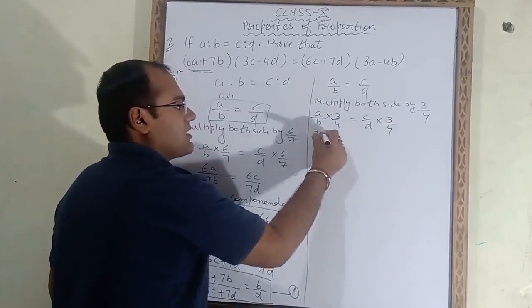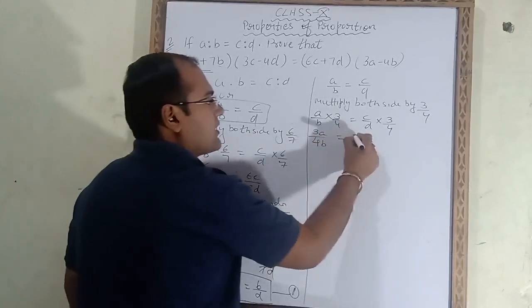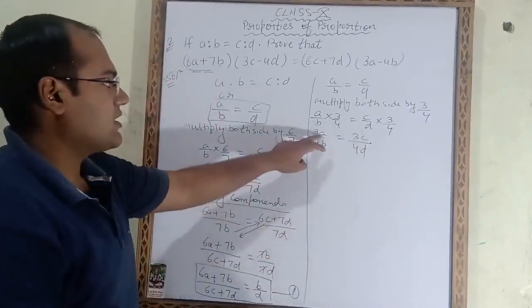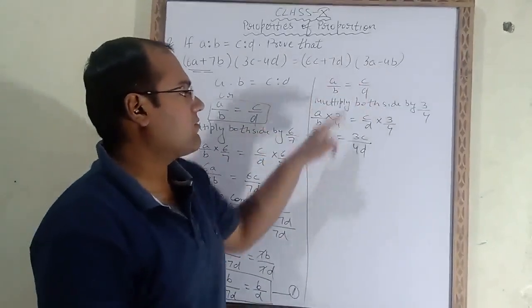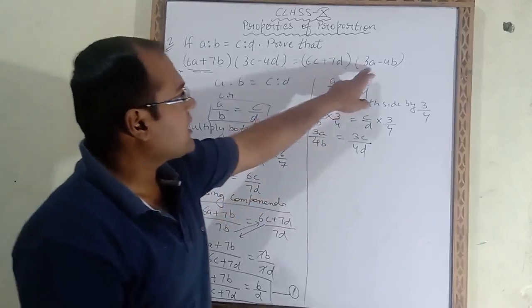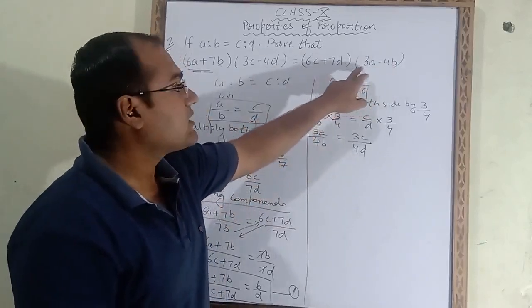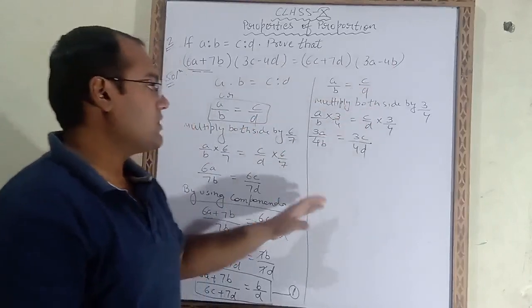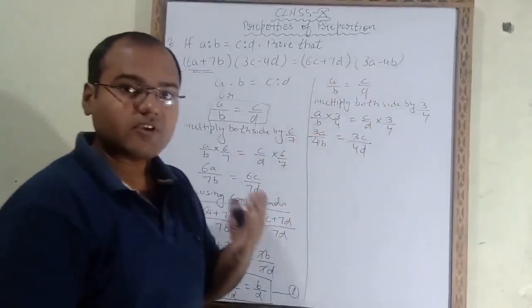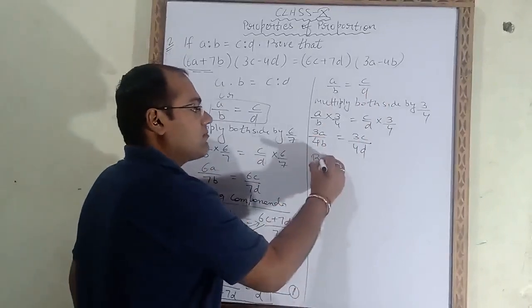So we will get 3a upon 4b and 3c upon 4d. So the 3a term and 4b term we are getting. Now what you have to do? We need 3a minus 4b. But here we are not getting 3a minus 4b. Minus is coming.